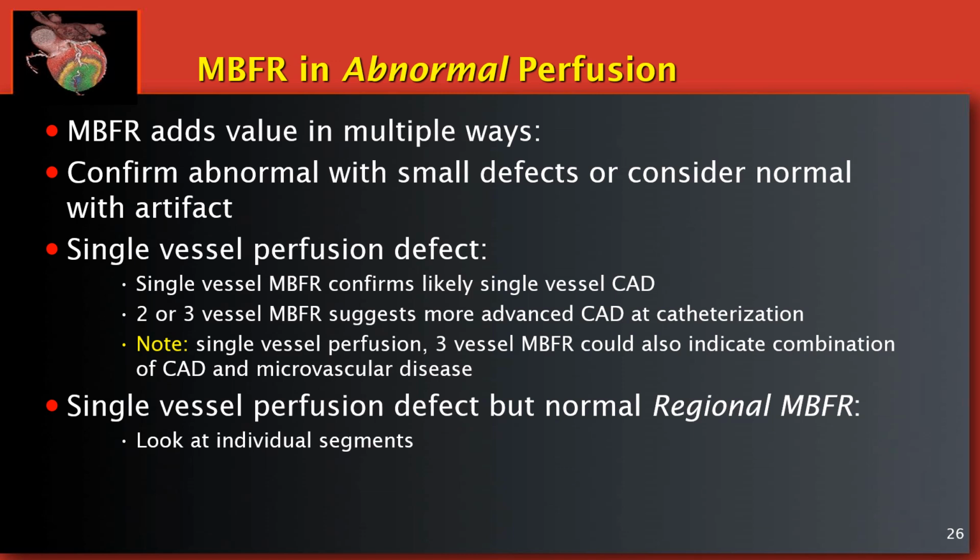Two or three vessels suggest more advanced coronary artery disease. And if it's single vessel perfusion, 3 vessel myocardial blood flow could also indicate a combination of coronary artery disease and microvascular disease. So it gives a lot of information for the doctors to work with.